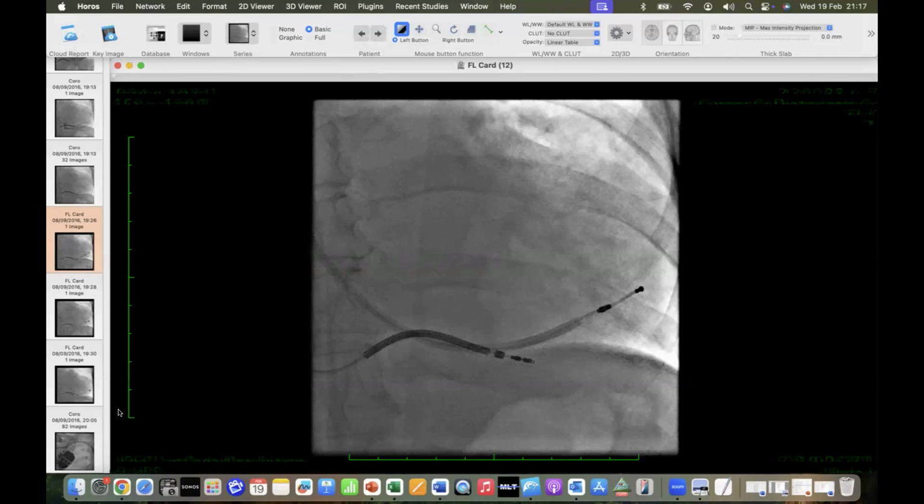Ultimately it's the question of whether you can deliver enough energy, and I think between where the right-sided device is placed and where the coil is, it's similar to the anterior position that we place on the chest. So I don't think it makes a huge difference.